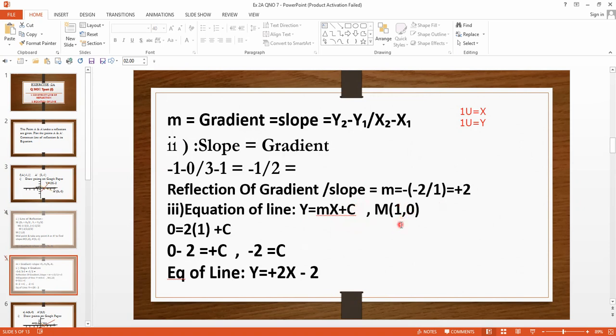The first value of the midpoint shows the value of x and the second shows the value of y. Instead of y, you write 0, and instead of x, you write 1. After solving, we get the value of the y-intercept. It is -2. So we put this in our equation: y is equal to, and the reflection of the slope is +2. So y = 2x - 2, and this is our equation. Clear?